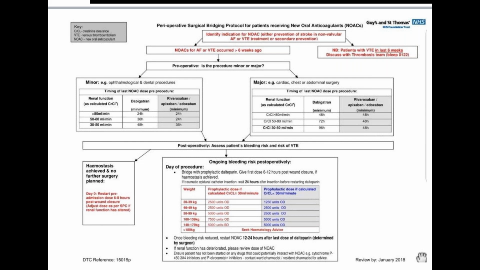First of all, when you introduce the information to the candidate, you tell them some information about the new oral anticoagulants and why they have advantages over warfarin. It shows that the new oral anticoagulant reduces the side effects of warfarin.